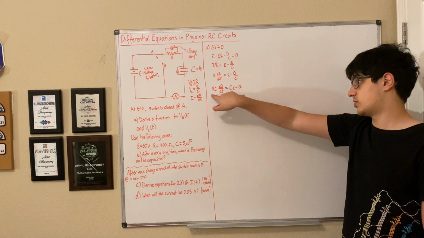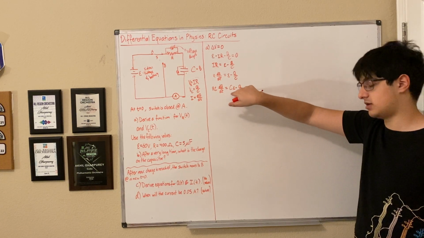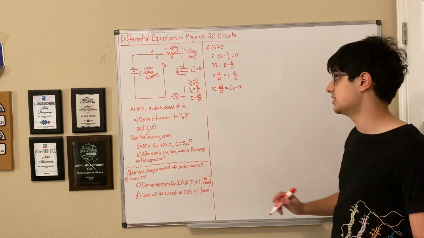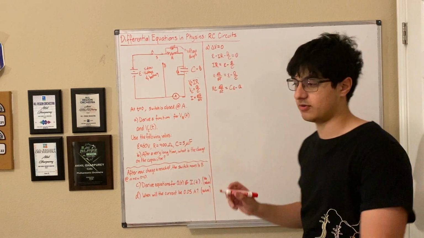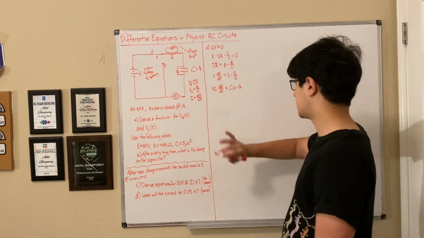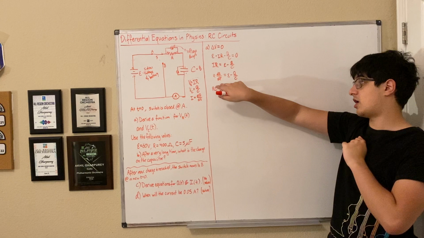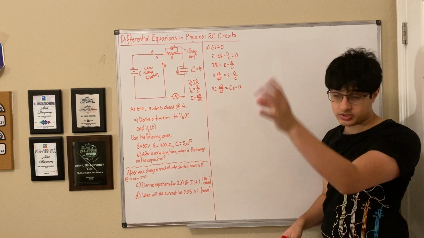And there's the resistance times the capacitance times the current, equal to the capacitance times epsilon, not epsilon naught, the EMF, minus the charge. Just to recap what each quantity means. And now we're going to perform something called separation of variables. What we're going to do is move everything with Q onto the side with dQ, and everything without Q onto its own side.